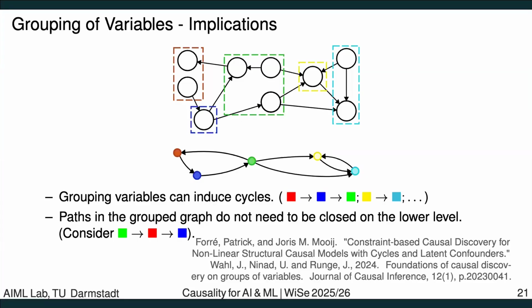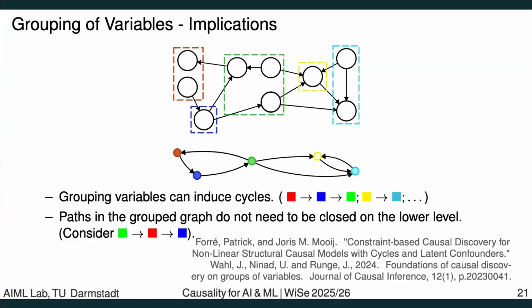So if we want to do causal effect estimation again, we need to be aware that we can resolve, or put back, 2 variables for the light blue one, but then we need to direct the edges in every possible way that could be imaginable within these groups.